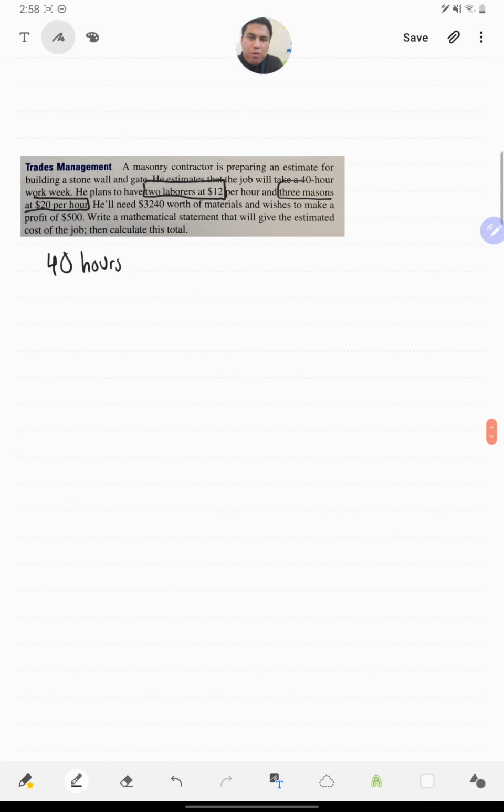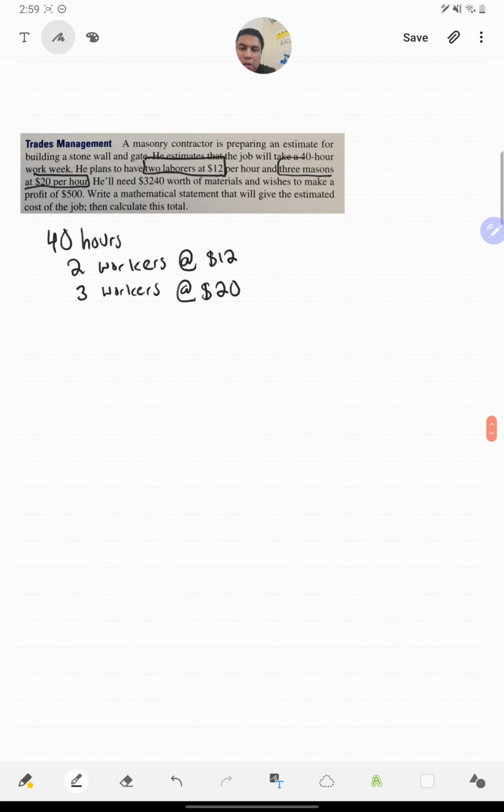So we got 2 workers at $12 an hour, while the other 3 with a different skill are going to be higher at $20 an hour.